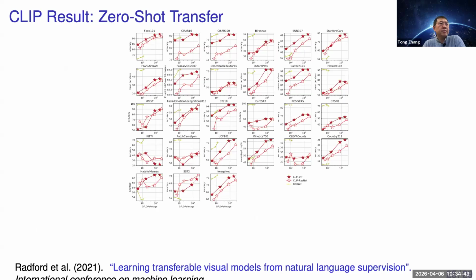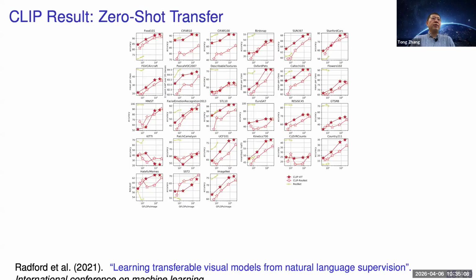Here are their results, zero-shot transfer. There are some other datasets. In the earlier days, people created a lot of different classification datasets.